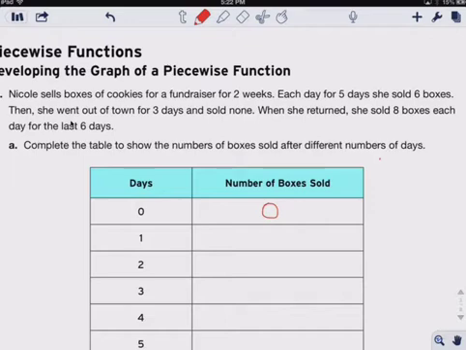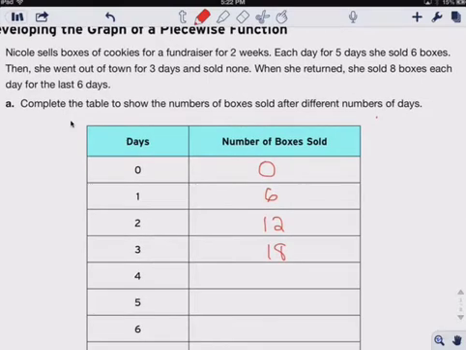She sold 6 boxes each day. So the first day she sold 6. The second day, they mean total. Don't put another 6 here. She sold 6 the first day. Now the second day she sold 6 more. That's 12. Third day 6 more, 18. Then 24, and 30 for 5 days.